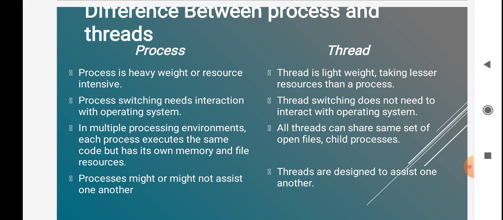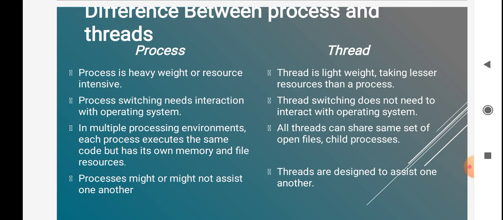Processes might or might not assist one another, but threads are designed to assist one another. They are going to help each other. So these are the basic things about threads.